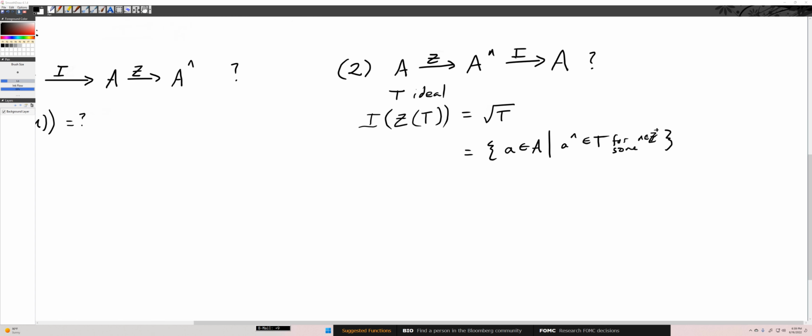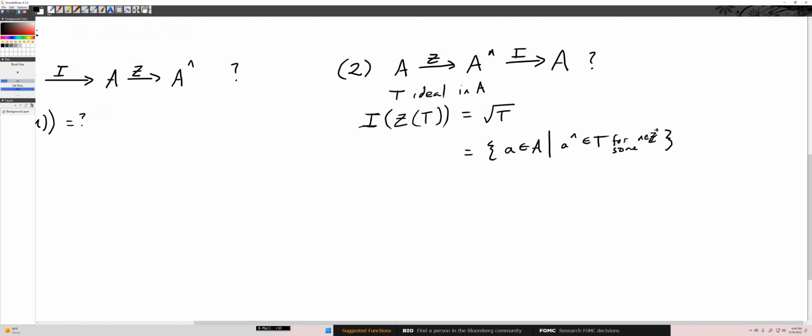Now, if we imagine that T is an ideal in A, and we hit it with Z and then we hit it with I. So again, what are we doing? We're finding the set of points in the affine space where all the functions in T are 0, and then we're finding what the ideal of that resulting set of points is. What we get is somewhat surprising.